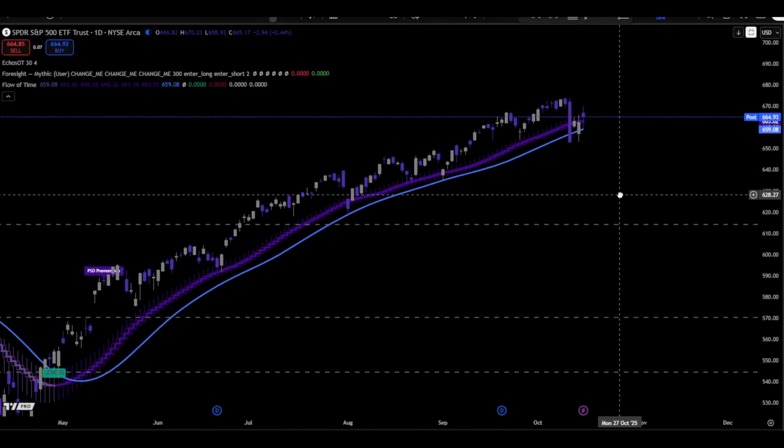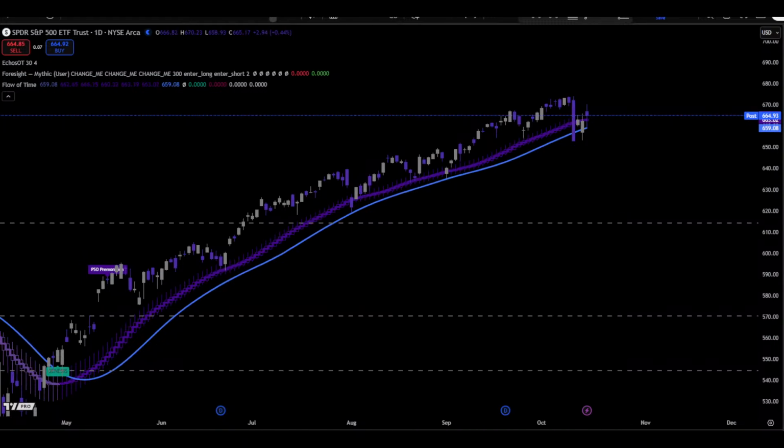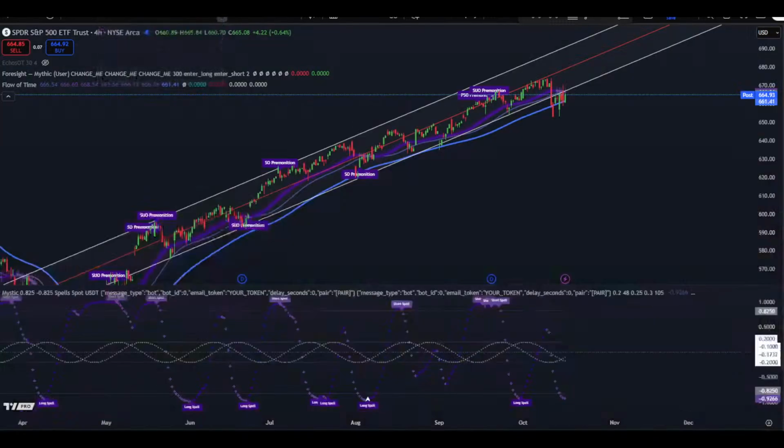One of the things that I found earlier, and I wanted to show you a chart where I have on regular candles colored differently, probably red and green, something that you are familiar with seeing them as.